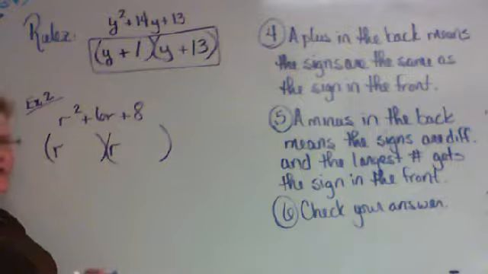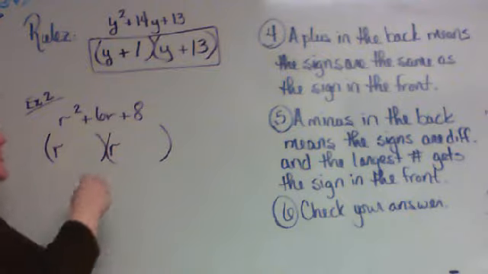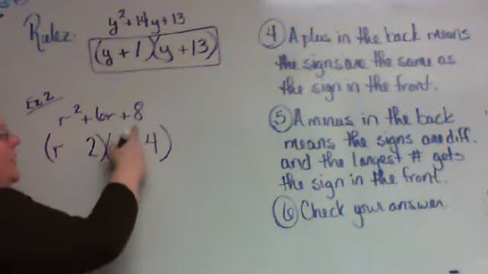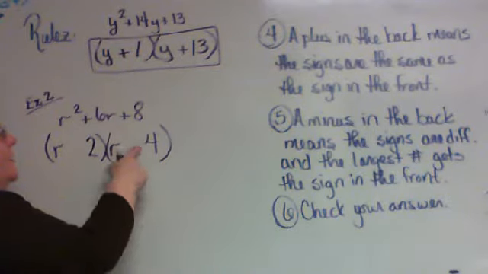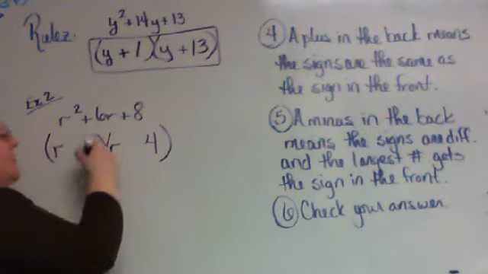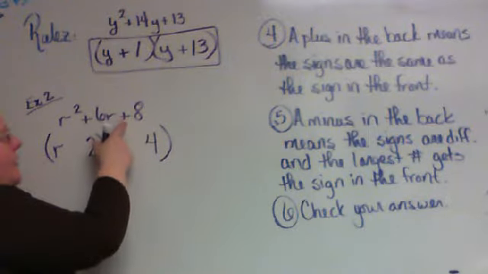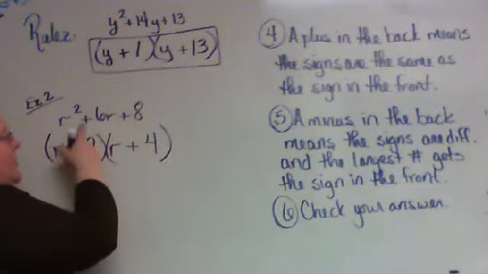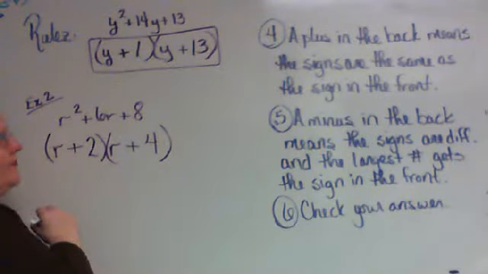Do they add to give you 6? 2 plus 4 is 6. So yes, 2 and 4 multiply together to give you 8, and they can add together to give you 6. And then the sign in the back is a plus, so that means that's a plus and that's a plus, because that one was a plus.